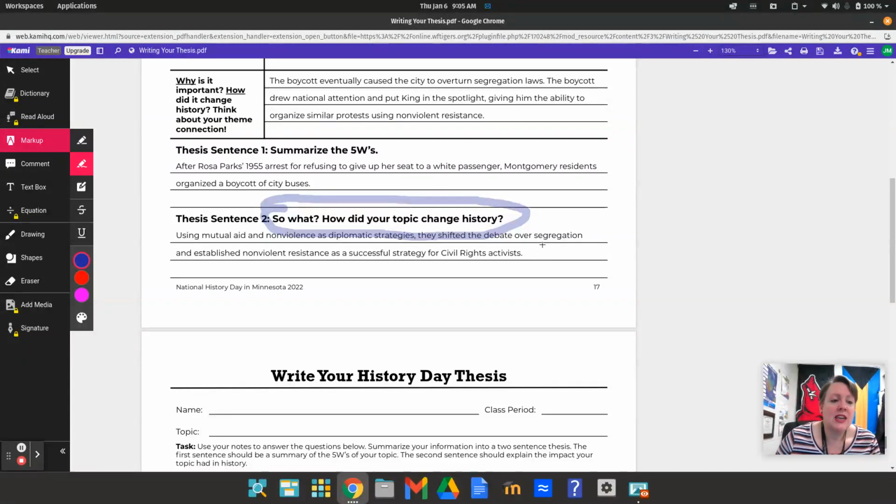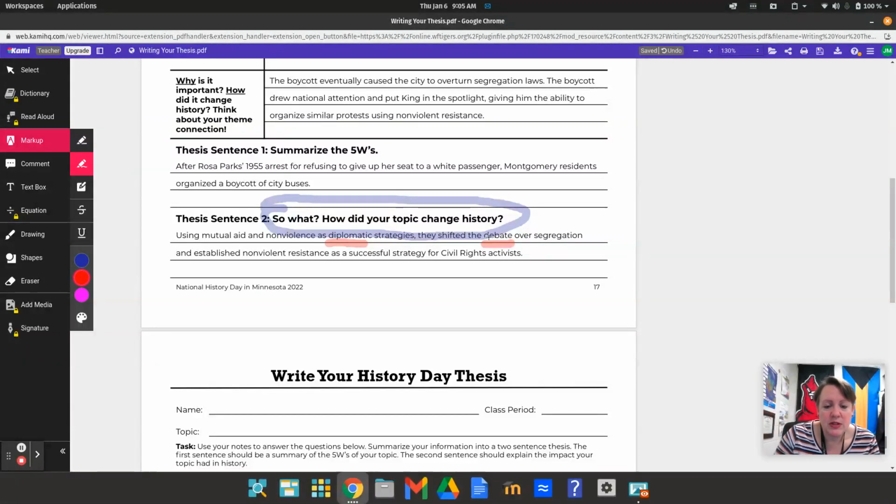So key thing here, and I'm going to use a different color. I wonder if that'll work. Red. They used the theme words in their thesis statement: diplomatic and debate. Yours might not be diplomacy, but I think all of them are debate. If it doesn't have any diplomacy in it, don't worry about it. If it's all about debate, use that word, because we want to tie the theme into your thesis statement.